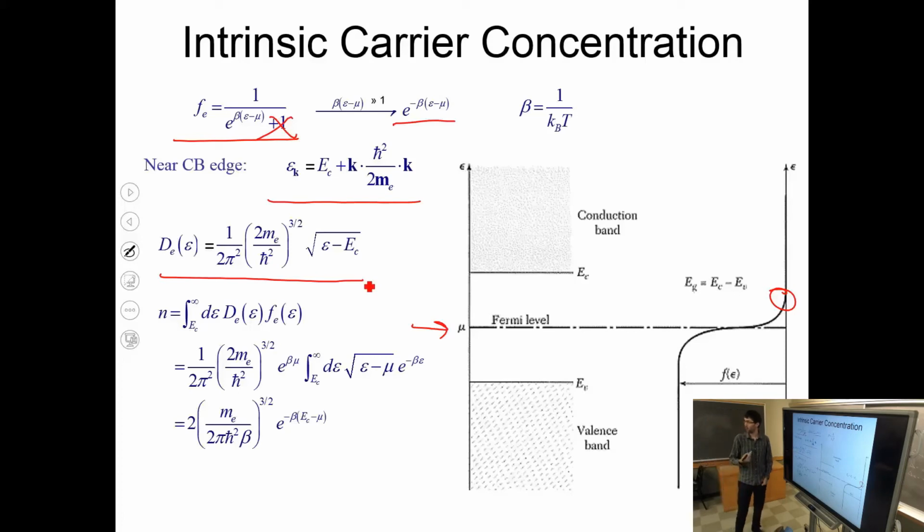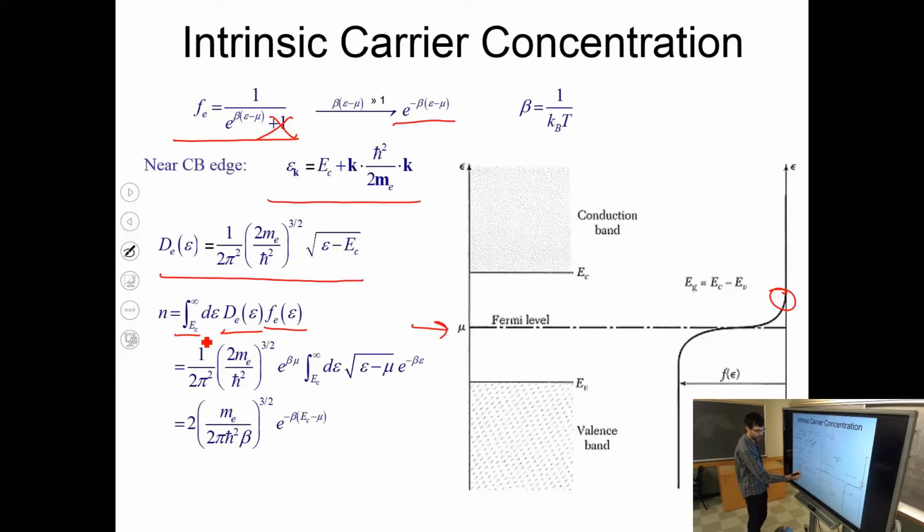Now, what would be the concentration of electrons in the conduction band in this intrinsic semiconductor? It's the density of states, how many eigenstates per energy, times the probability of occupying states at this energy, integrated from the bottom of the conduction band all the way to infinity. So we need to take this integral.